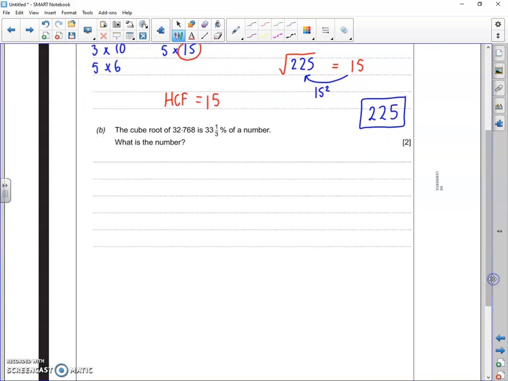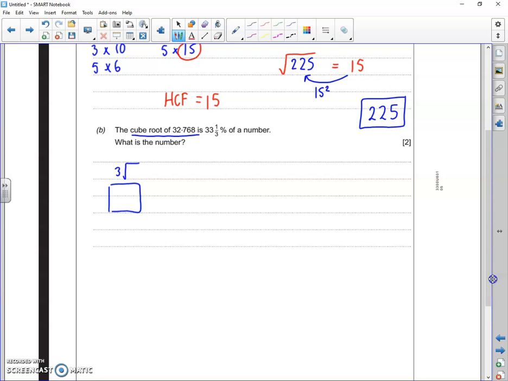A similar sort of problem down here now. We've got to work out what this number is. The cube root of 32.768 is 33 1/3% of a number. For the cube root of 32.768, you'll need to press shift on your calculator and find the button that's got that.